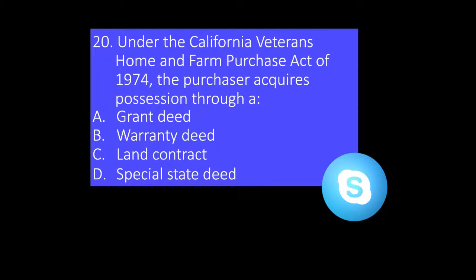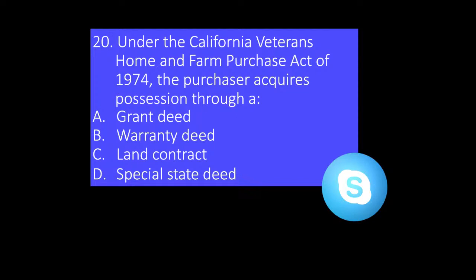CalVet loan basically is a loan administered by the Department of Veteran Affairs through the state of California. The state actually sells bonds to raise the funds that are used to acquire property that is available to be sold to veterans.